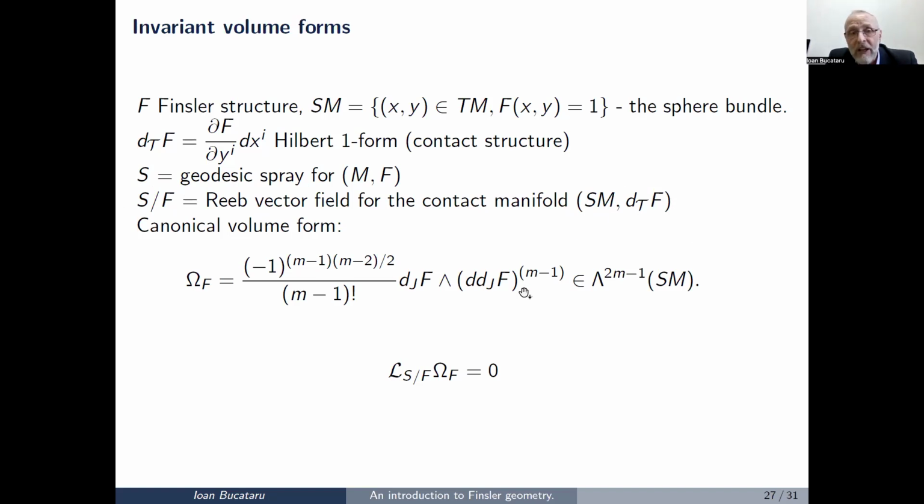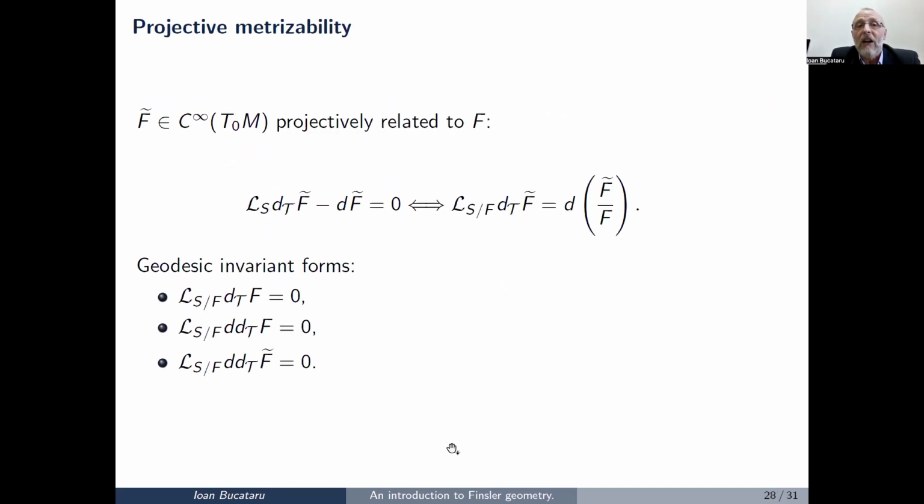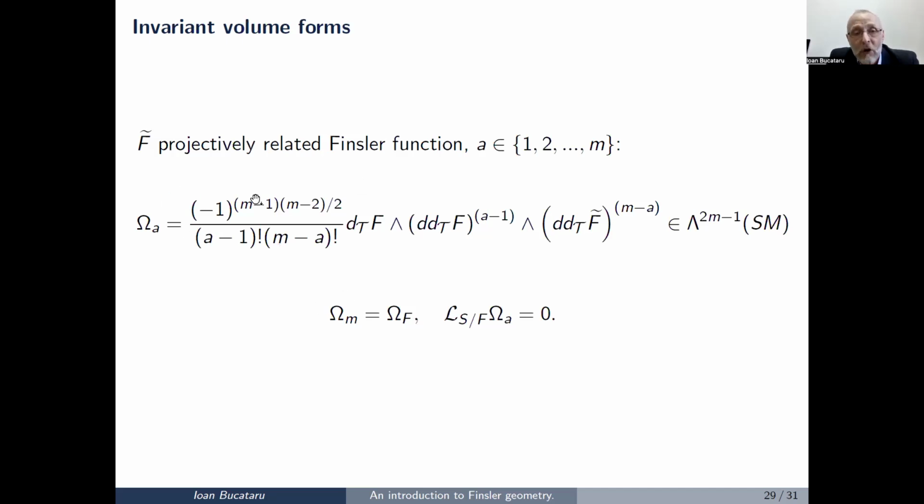On this contact manifold, if you consider the corresponding volume form, you get something that is geodesically invariant. If you consider a projectively related Finsler metric, you get again some geodesically invariant volume forms.